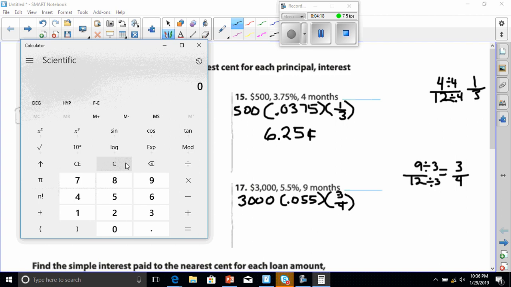So this is going to be 3 divided by 4 times 0.055 times 3,000. That's $123.75.